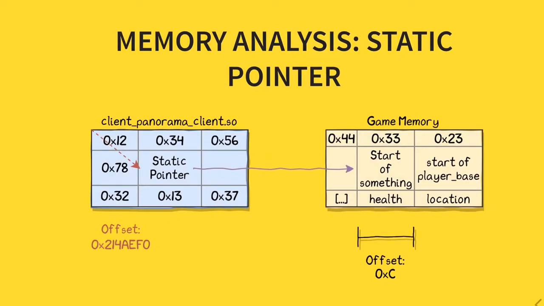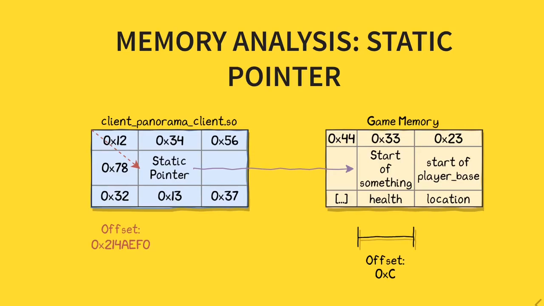So now it's required to find the own player inside of the memory of the game. And I knew that there's a shared object called client_panorama_client, and some functionality is actually directly handled by this shared object instead of the main executable of CSGO. So then in Cheat Engine I've selected this shared object and I've performed some memory scans inside of it.